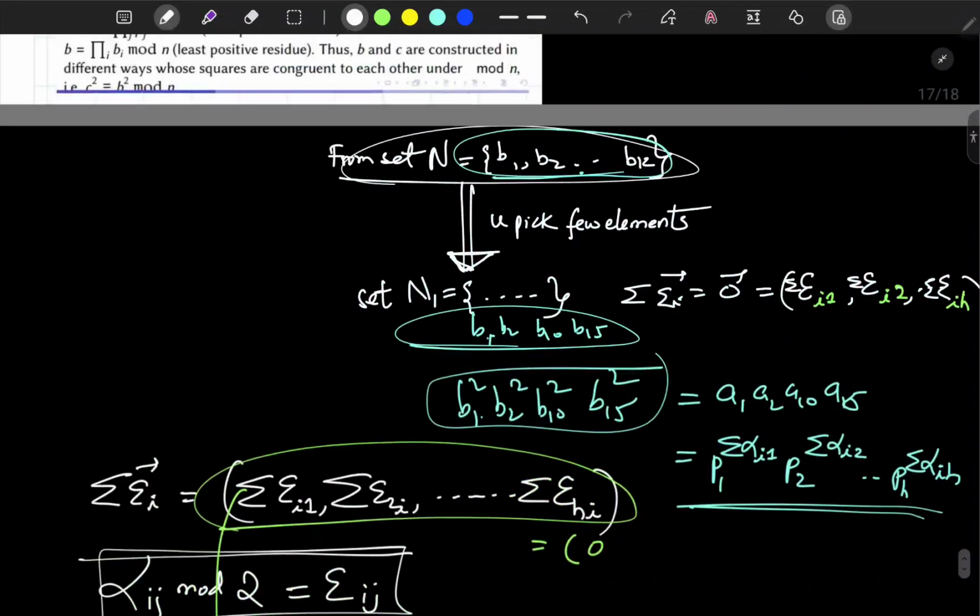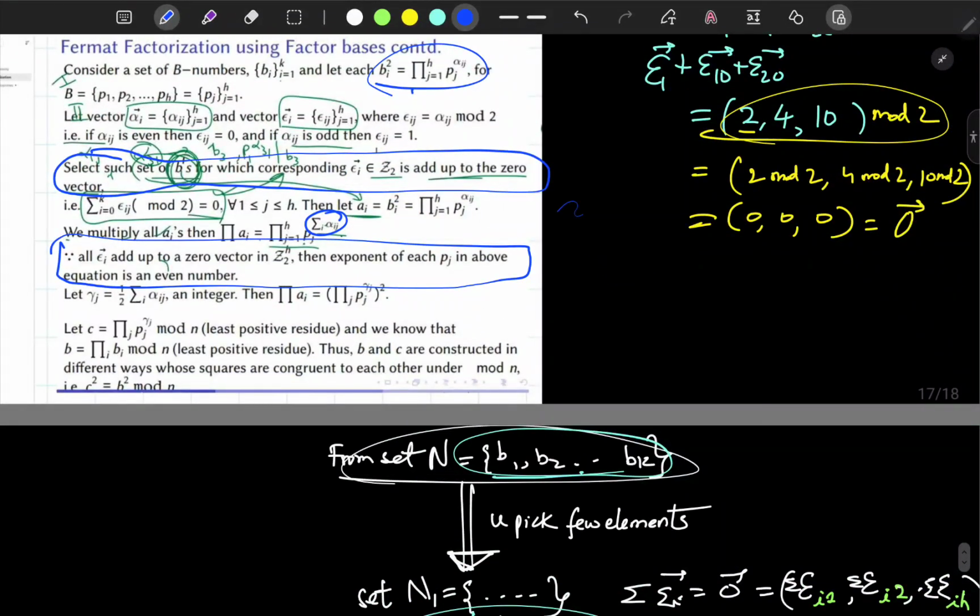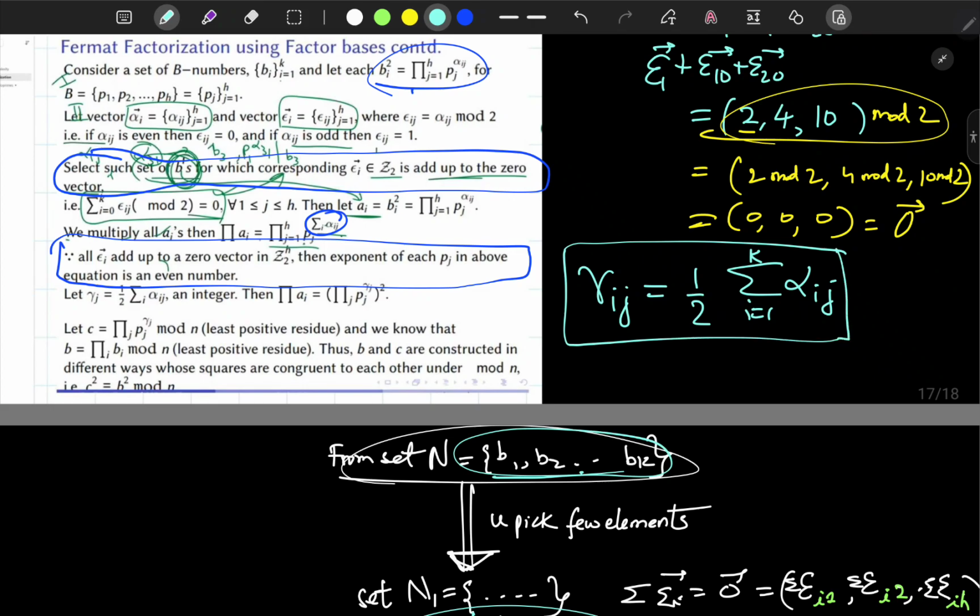So well, again we are defining some alpha ij, some variable. What is that variable? I'm defining alpha ij as 1 by 2 sigma, I runs from 1 to k. This is what I am defining, alpha ij.